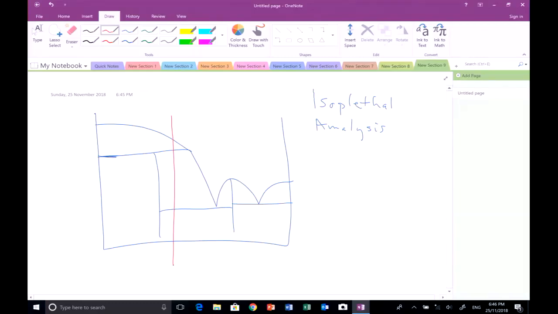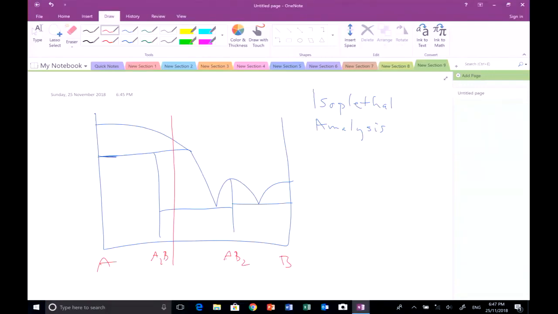I take that, and that's my exam question. For the composition 60% A, 40% B, or for the composition 50% A, 50% AB2, or for the composition 80% A2B, 20% AB2, they're all different ways of showing the same line.